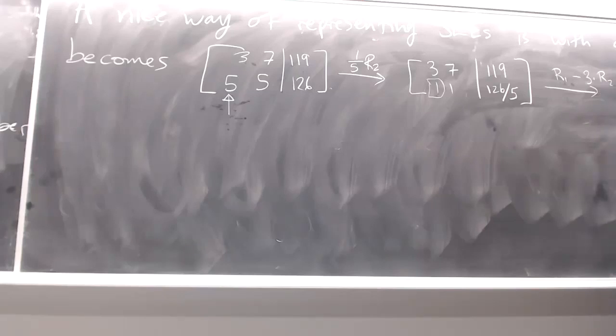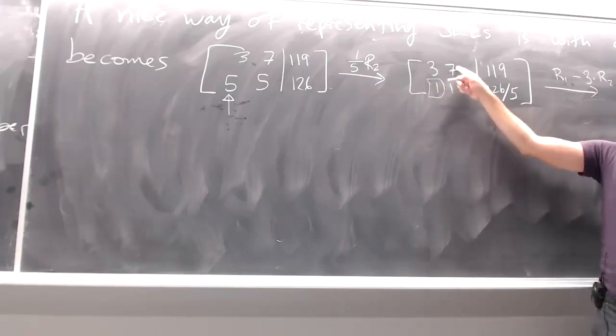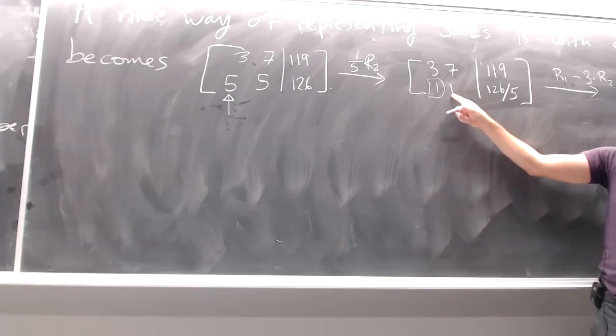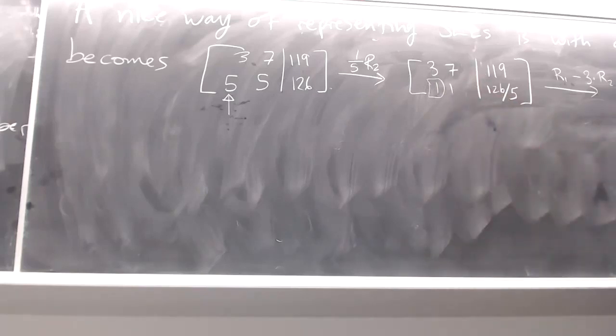Okay, and then I get a 0 here. Here, subtracting 3 ones will give you a 4. Then here, I again get 217 over 5 and 126 over 5 here.